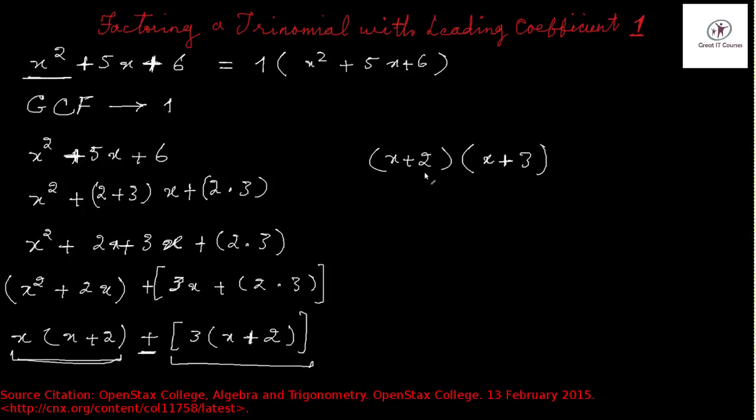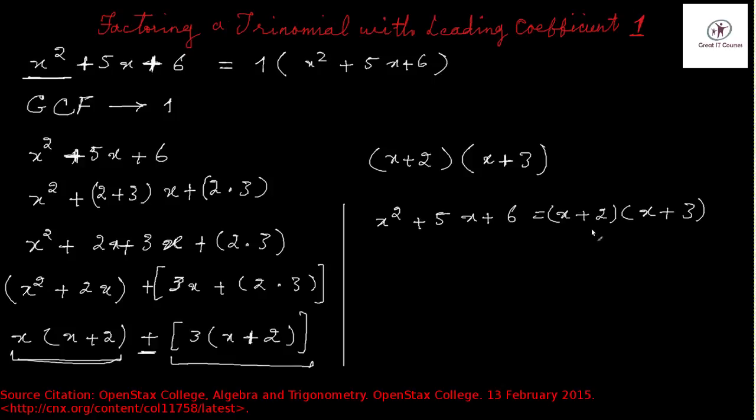So that basically means that this whole thing that we've done over here was a great way to factorize this trinomial. It means that x squared plus 5x plus 6 is equal to x plus 2 into x plus 3.